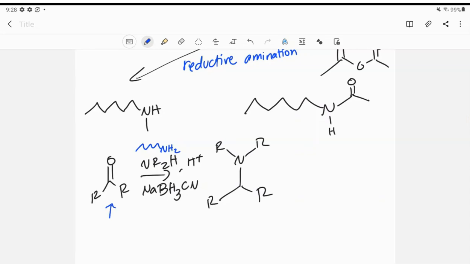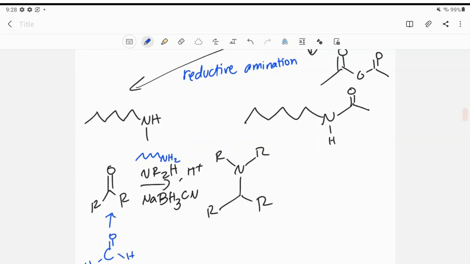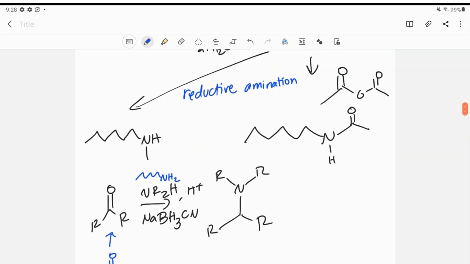If it's just one carbon, that's formaldehyde. One carbon. So if you want to put a methyl group onto an amine, you're going to want to use formaldehyde, acid, and then this cyanoborohydride thing. So that's what I would do first, and then we can go ahead and use our acetic anhydride and put on the acyl group. That'll be the way to do it.